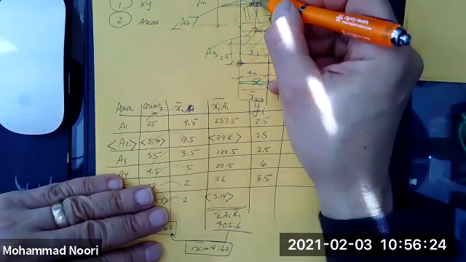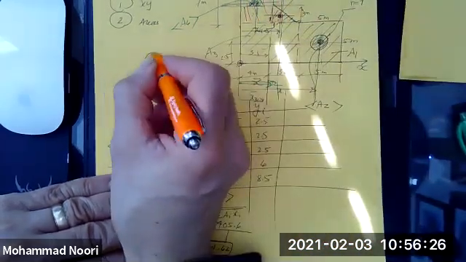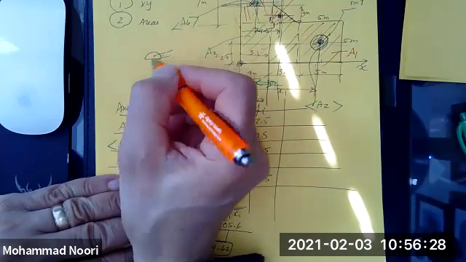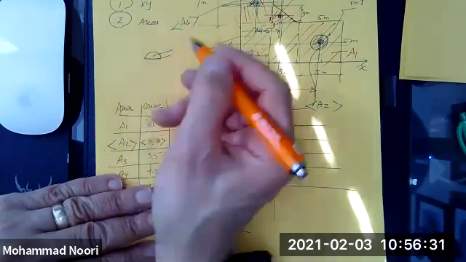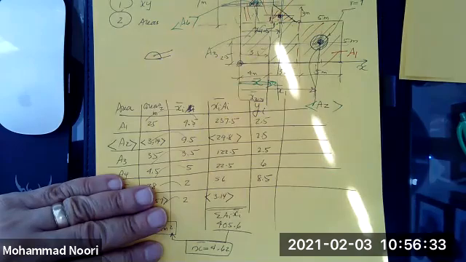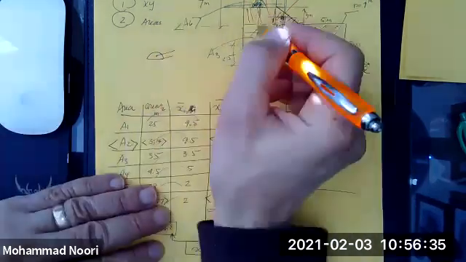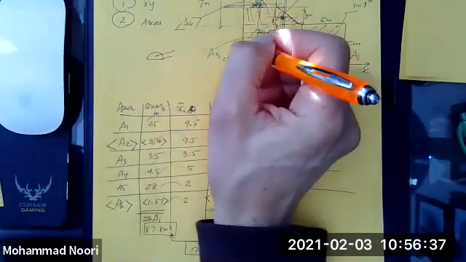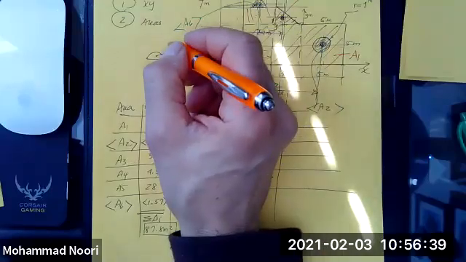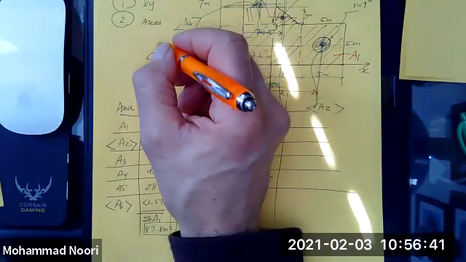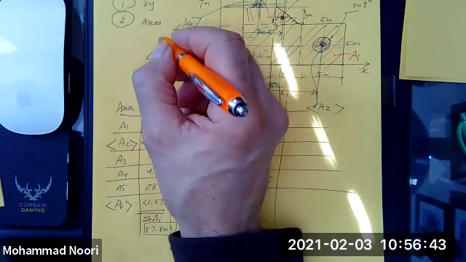For this guy, again, this little guy, you have to find this distance. If you find that distance, you will see that it is simply 0.42.